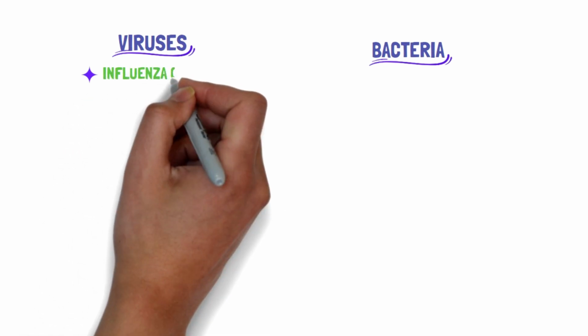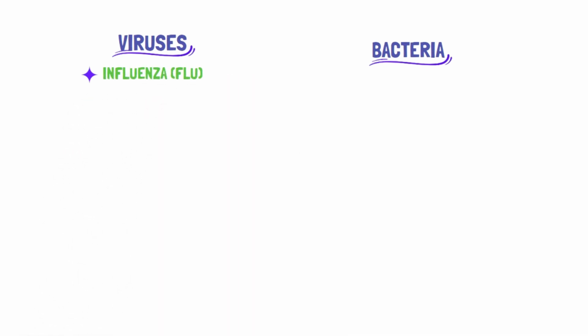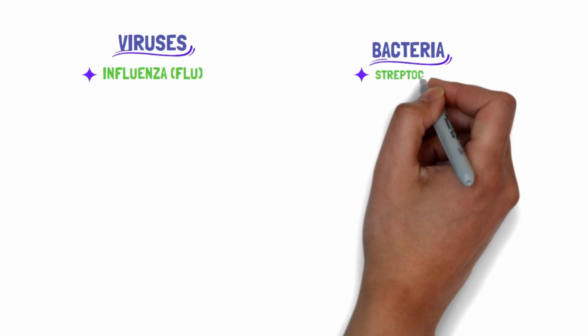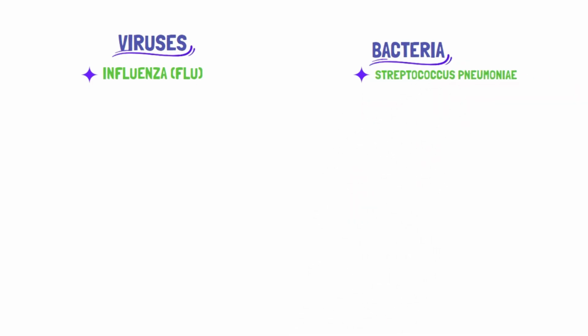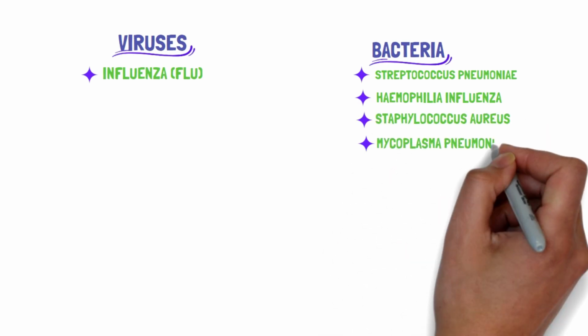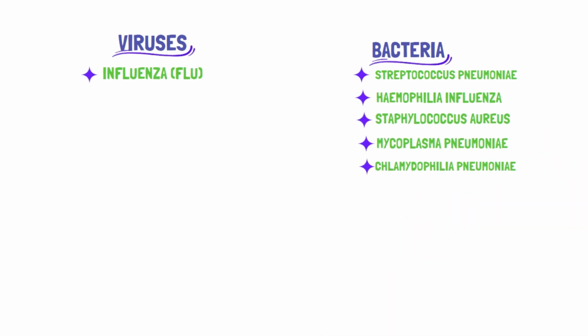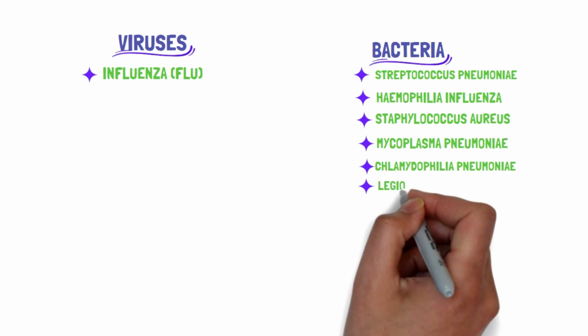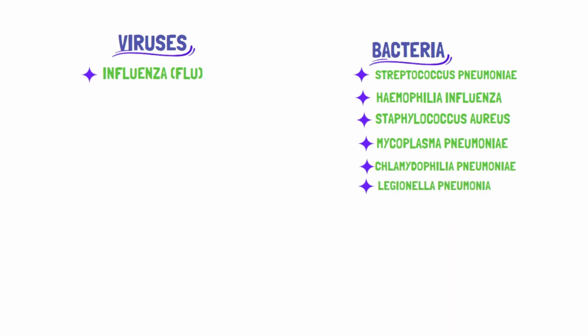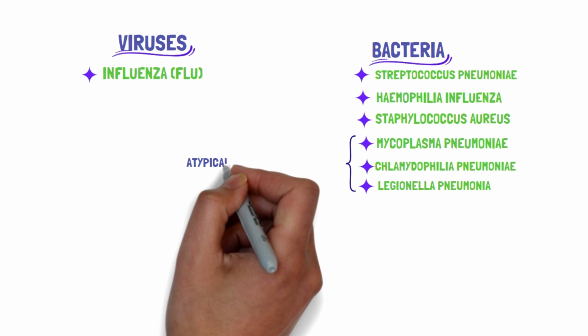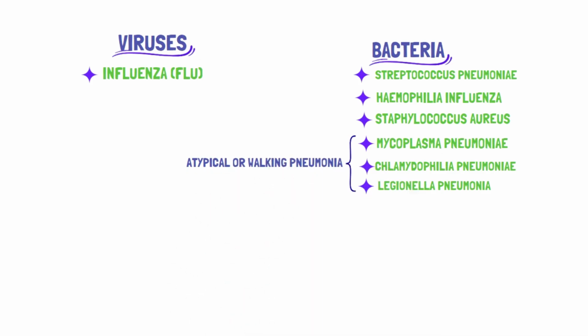A common virus that may cause pneumonia is influenza, which is commonly known as the flu. For bacterial pneumonia, the causing microbes include Streptococcus pneumoniae, Haemophilus influenzae, Staphylococcus aureus, Mycoplasma pneumoniae, Chlamydophila pneumoniae, and Legionella pneumophila. These cause atypical or walking pneumonia.